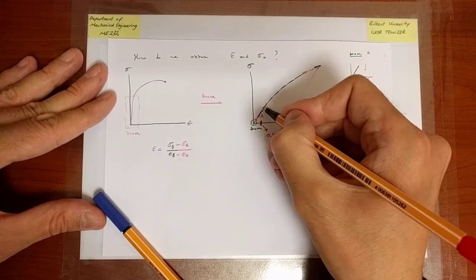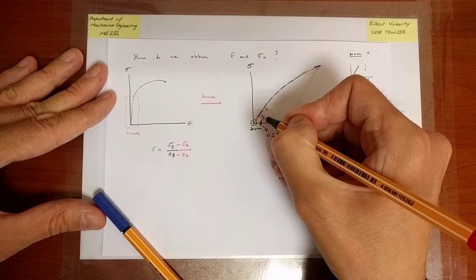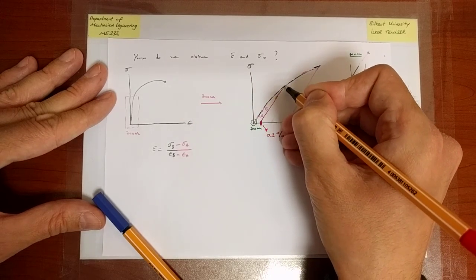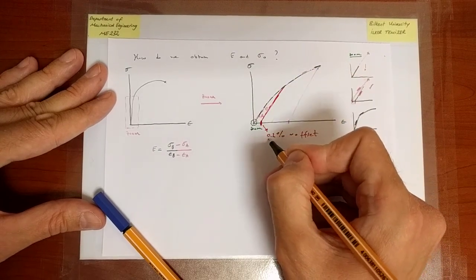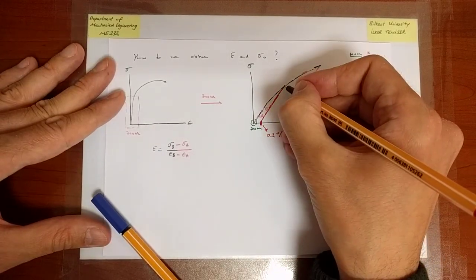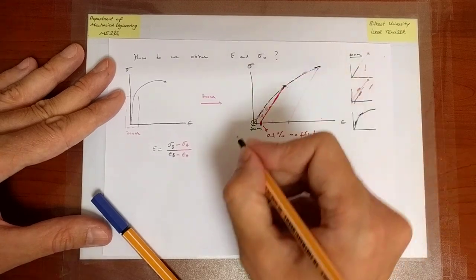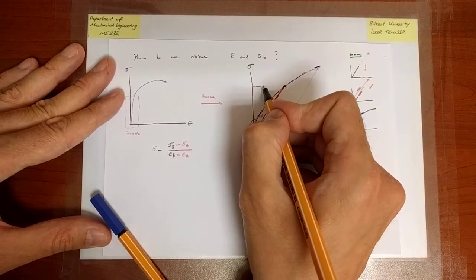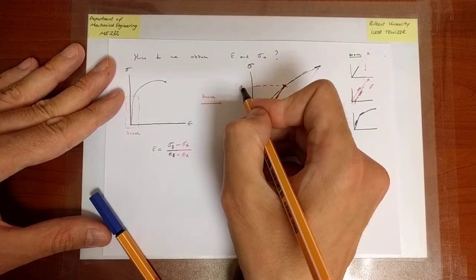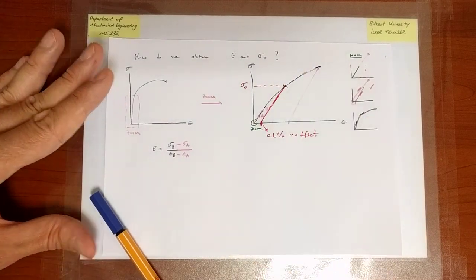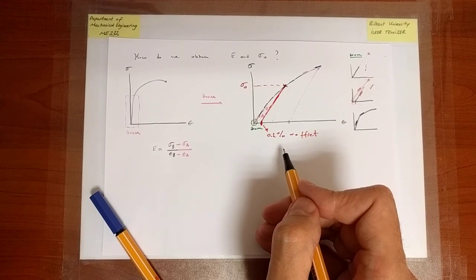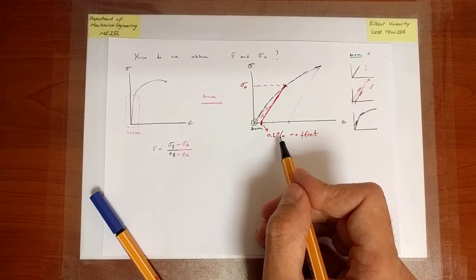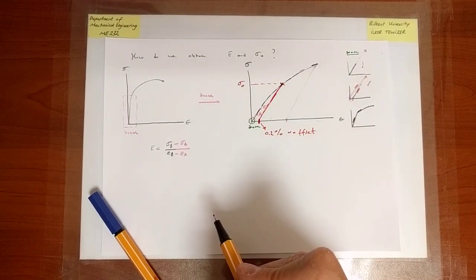I'm going to move along that curve, and when I observe a very small amount of plasticity, say 0.2%, I'm going to call that an appreciable deviation in the slope, and hence the onset of yielding. So the 0.2% offset method is used to identify the yield strength.